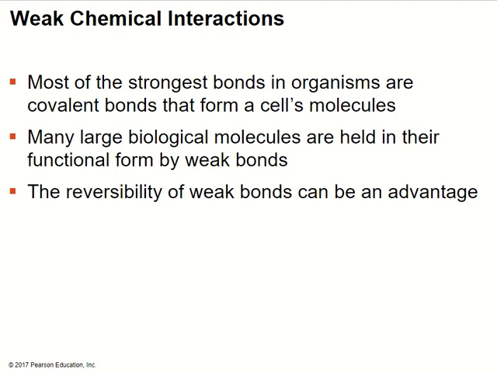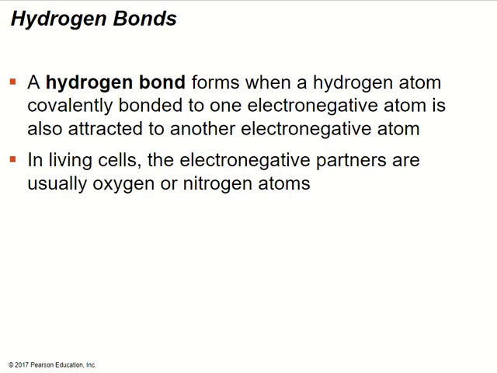For example, in a protein that has many folds, the actual protein chain is held through covalent bonds, but the way that it folds in on itself is usually held through weaker bonds that are charge related. The reversibility of weak bonds can be an advantage.